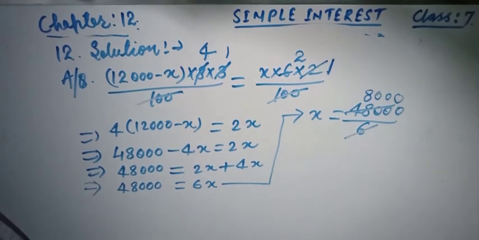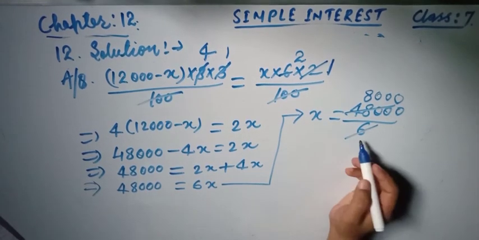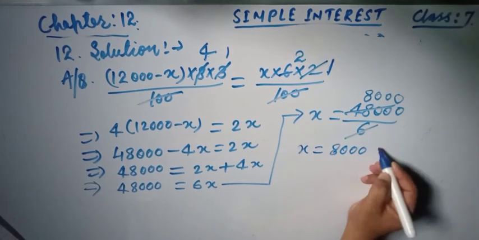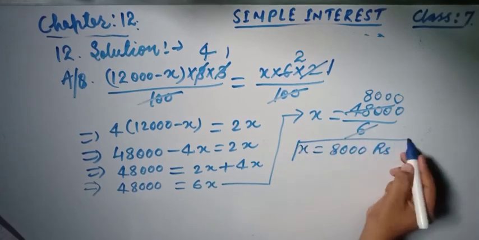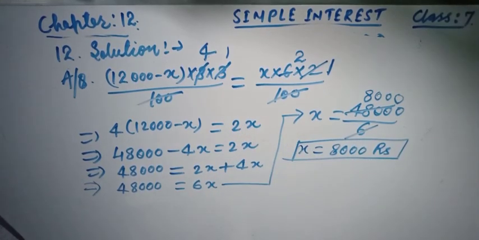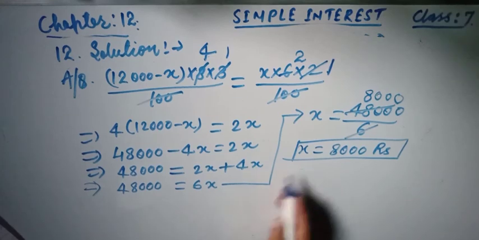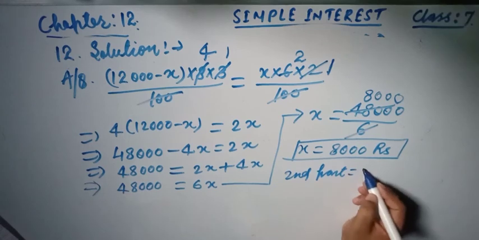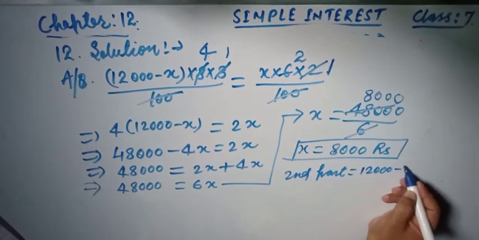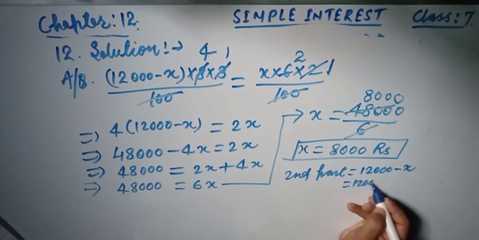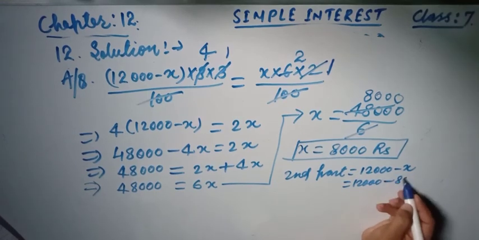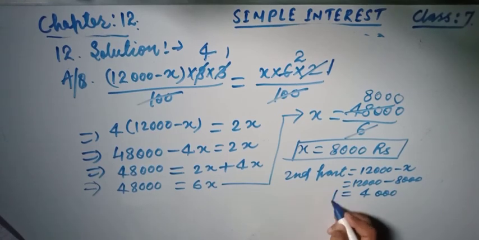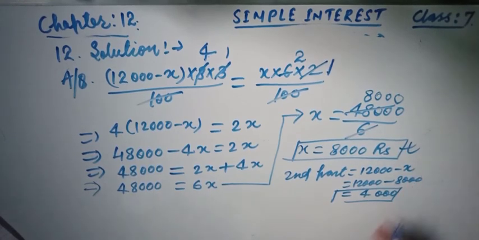Now see, 6 1 is 6, 6 8 48, 3 times 0. X is equal to 8,000 rupees. So this is the first part, that we considered as X. Now the second part, friends, was 12,000 minus X. So here is the 12,000 as it is, put the value of X, this is 8,000. So it becomes 4,000. So this is the second part and this is the first part.